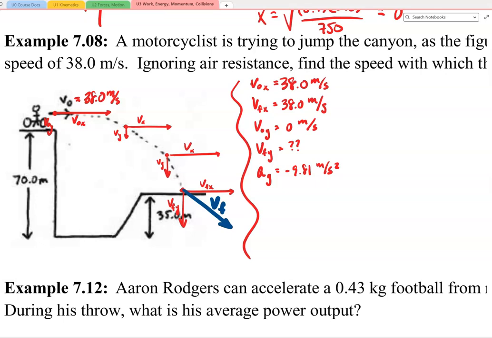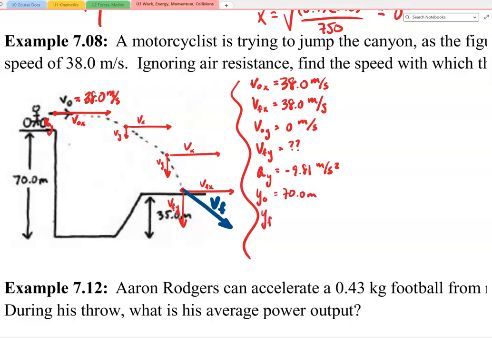Notice I'm using negative 9.81 to indicate direction of travel here. I'm not using just plain g, I'm using acceleration due to gravity, a_g, or better still, I can generically call it a_y. The y position initially was 70 meters above the ground, or above some starting point.